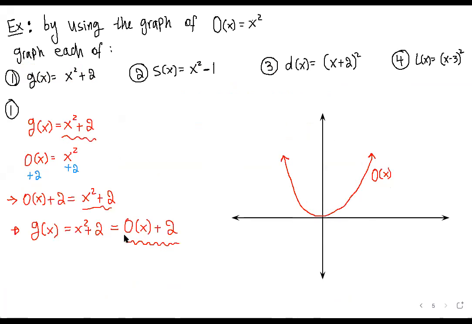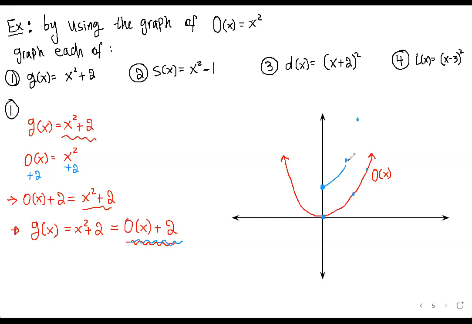Second step, you have to shift the original function 2 units upward. So 2 units, like here 0, 1, 2. And every point here goes up 2 units. Like around here, this point goes here. This point goes like around here.